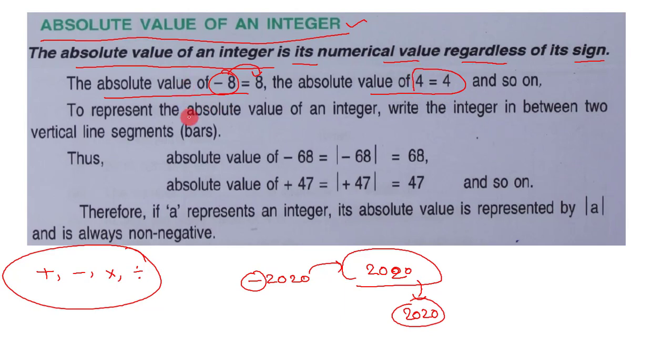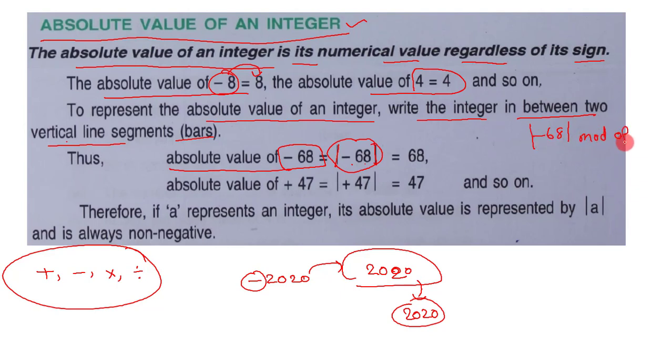To represent the absolute value of an integer, we write that integer in between two vertical lines or bars. The absolute value of minus 68 is written within these vertical bars, and we read it as mod of 68, or simply mod 68, meaning absolute value of 68.